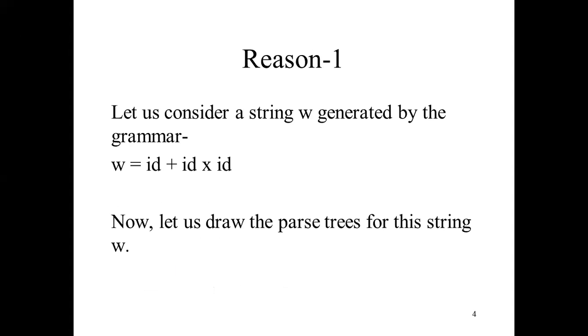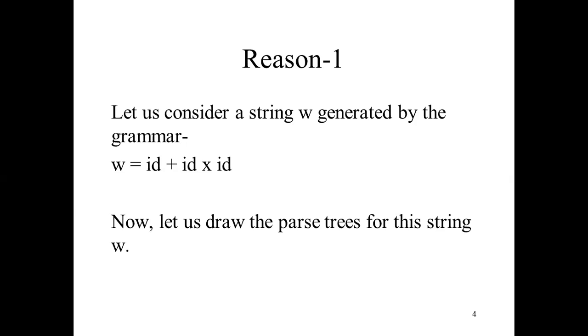So, what is the reason for that? Let us emphasize the reason. Let us consider a string W, just giving it a name W, generated by the grammar. Here the grammar is given, no need to take tension about the grammar, it will be provided to you. It is the grammar of the compiler.